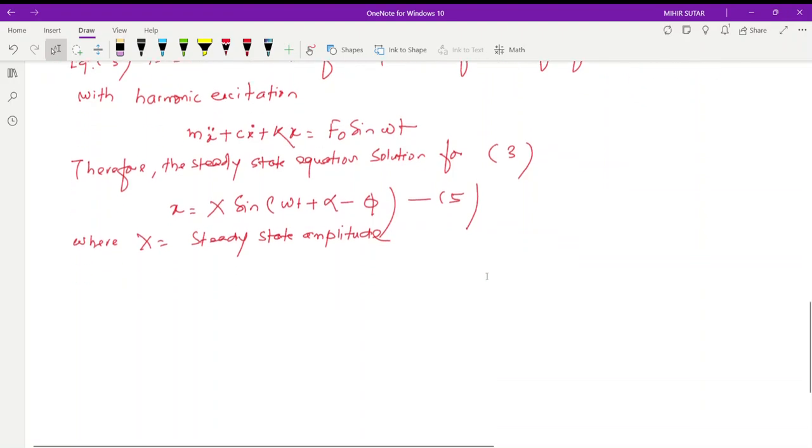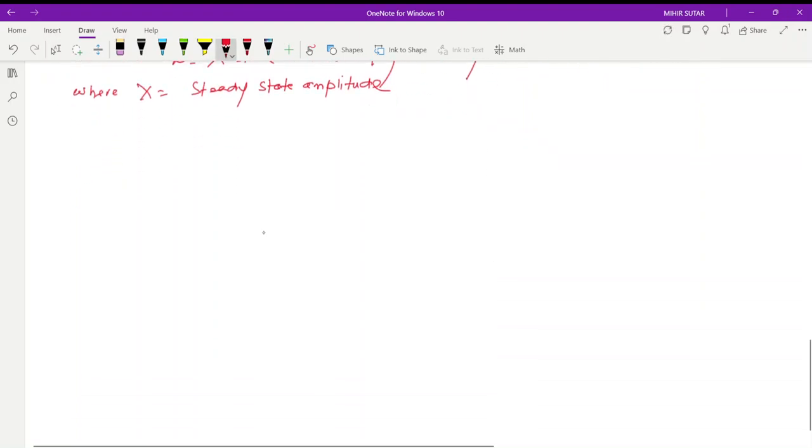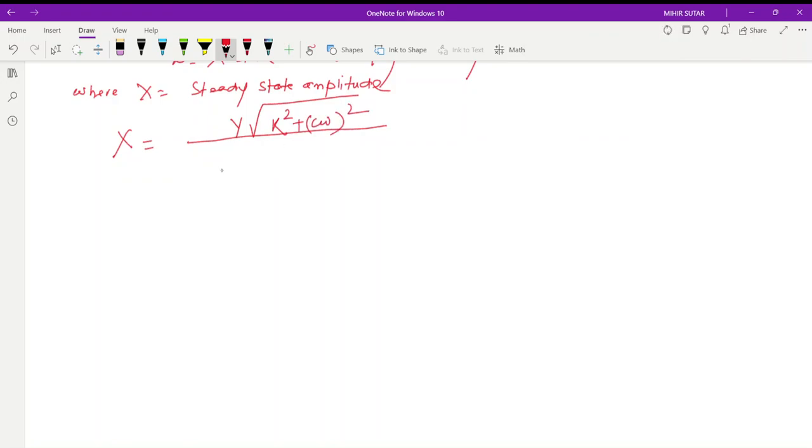Okay, and this is equal to Y multiplied by root over of k square plus (c omega) square, divided by root over of (k minus m omega square) whole square plus (c omega) square. Okay.